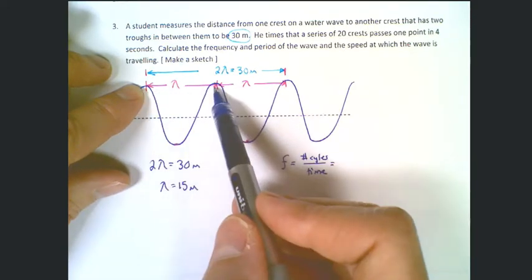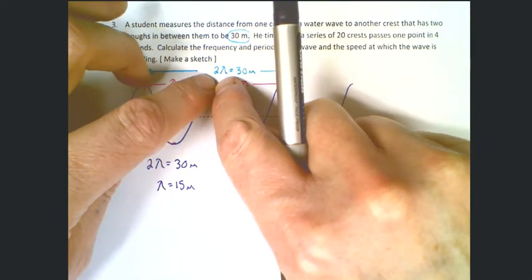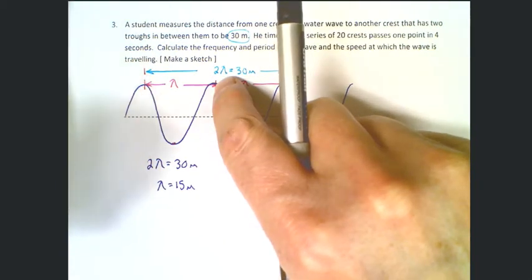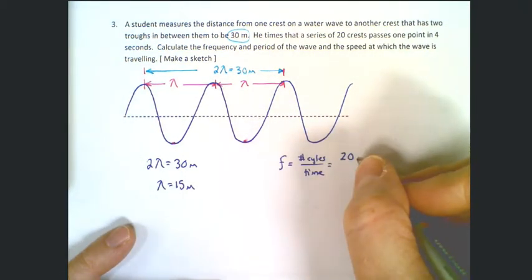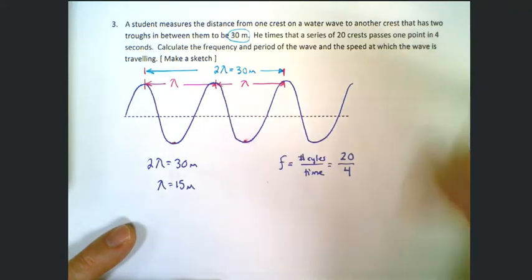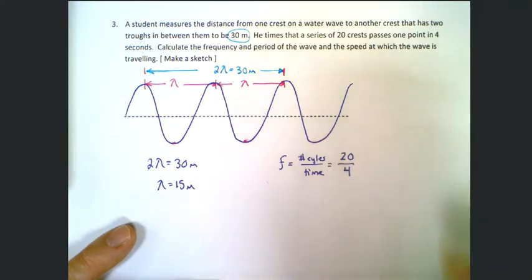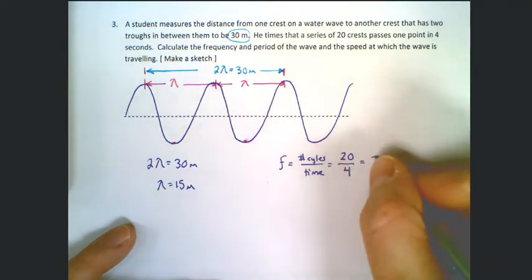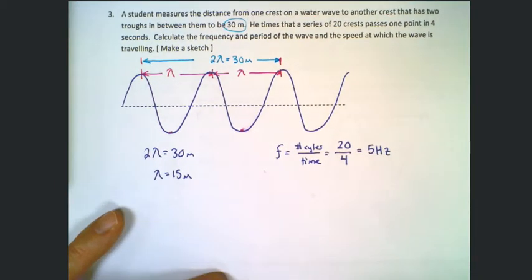Crest to a crest is a cycle. So if you're at this point, let's say, and a crest comes by, that's 1 cycle. So it tells us that 20 crests go by in 4 seconds. And since crest to crest is a cycle, we know it's 20 cycles over 4 seconds, which tells us that the frequency of the waves is 5 hertz.